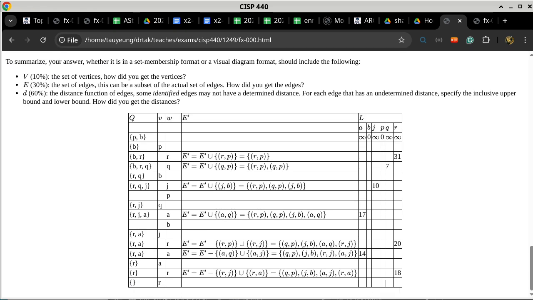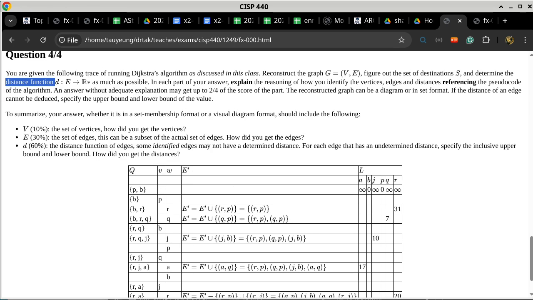Those are the vertices that we can possibly encounter in the original graph. And then the edges are the ones going from W to V, and those are the only ones we can figure out. There might be some additional edges that we did not end up traversing, but the trace does not contain those, so there's not much we can do about it.